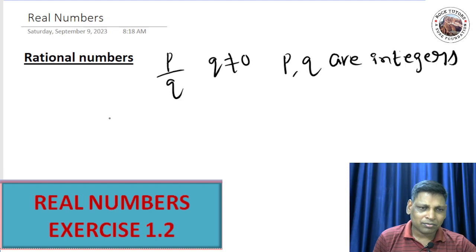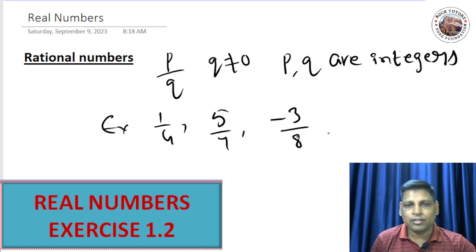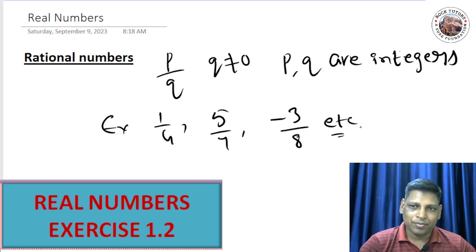For example, 1 by 4, 5 by 7, or minus 3 by 8, and so on. So these are called rational numbers.